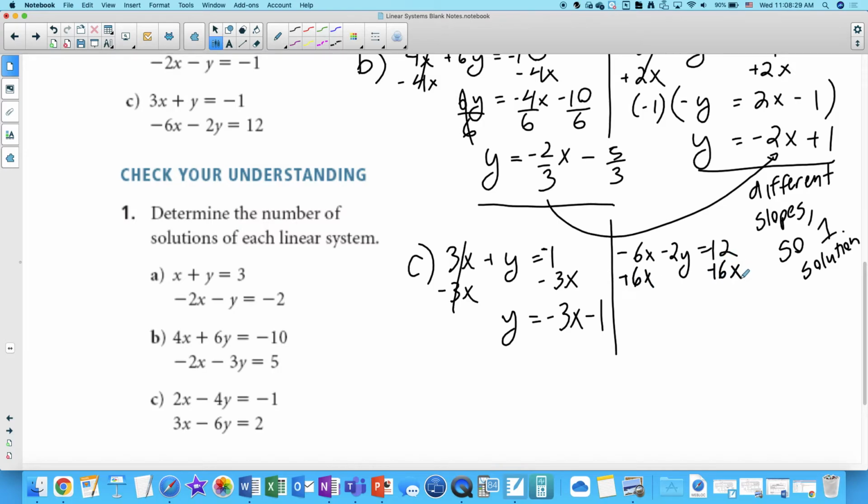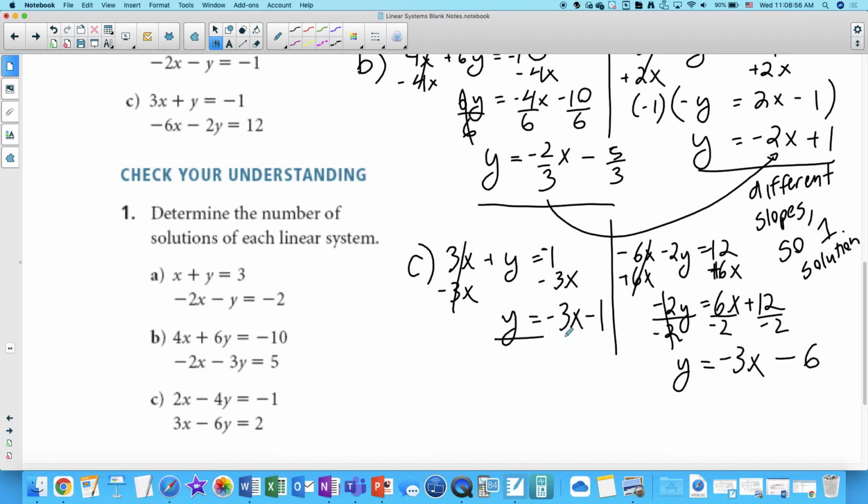Start by adding 6x, and then we'll have negative 2y equals 6x plus 12, and then I can divide everything by negative 2. Right, so we have y equals 6 over negative 2 is negative 3. Negative 3x, and then 12 over negative 2 is minus 6.